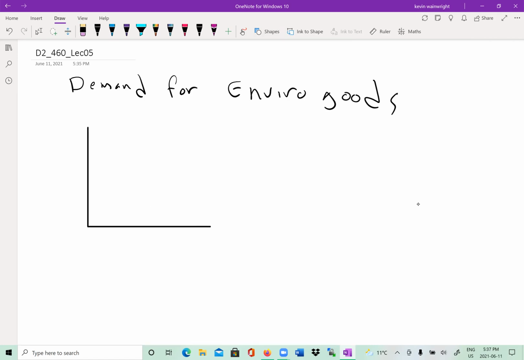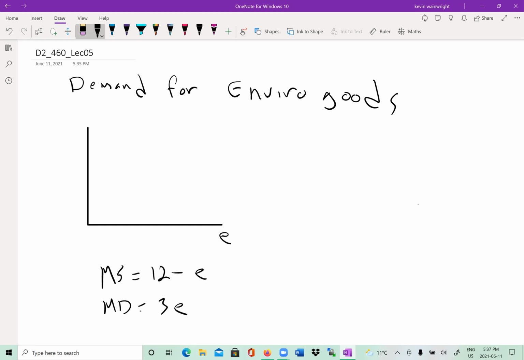We had set up our model, and we have emissions and the marginal savings is, let's say, equal to 12 minus E, and marginal damage is equal to 2 times E, right?